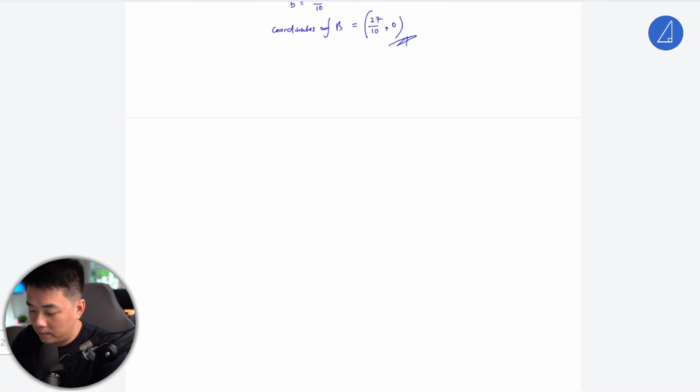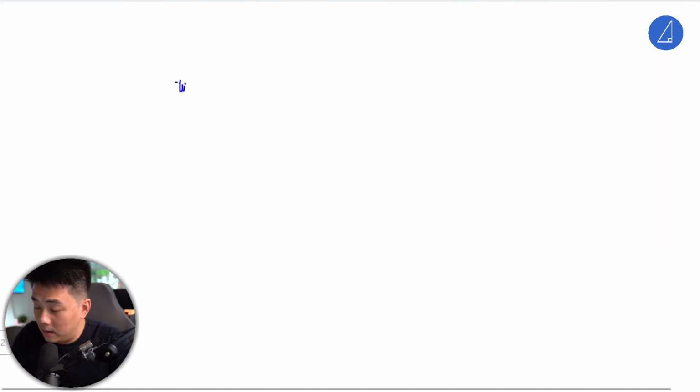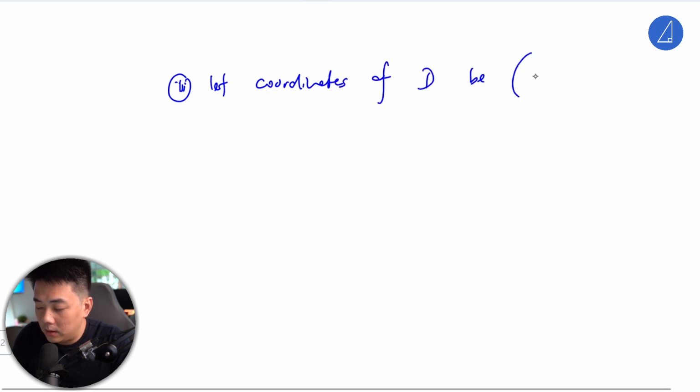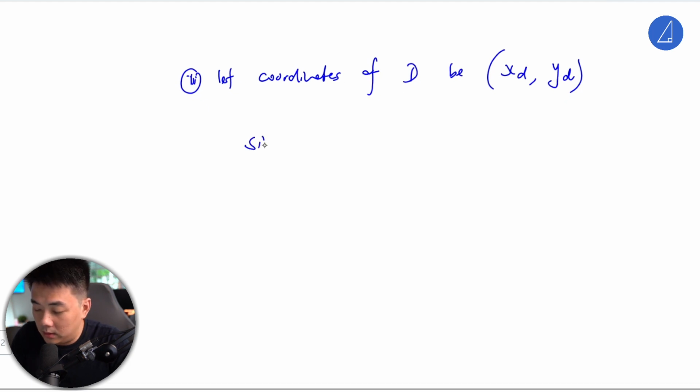It'll be quite fast. So for part 3, let the coordinates of D be (XD, YD), not an issue.